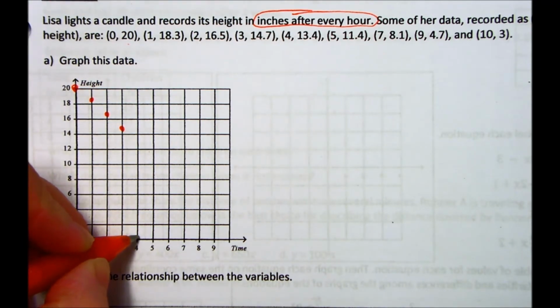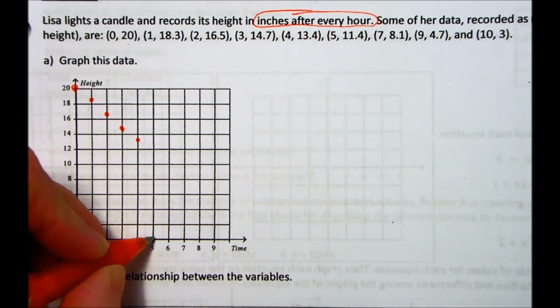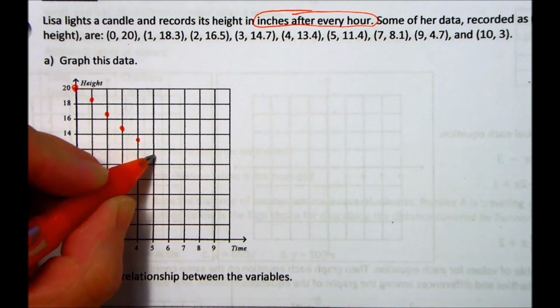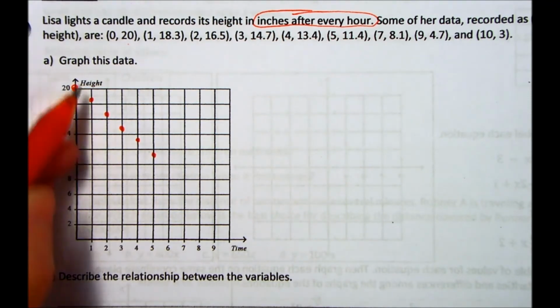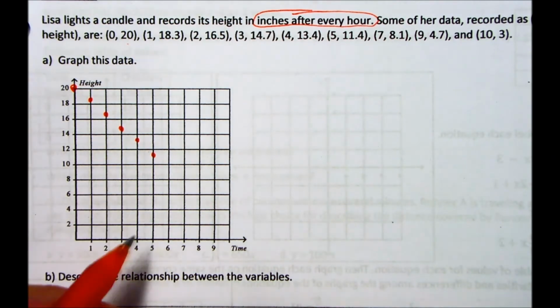After 4 hours, it's 13.4. After 5 hours, it's 11.4. Again, you're going to try to just be as exact as possible, and if you notice, these intervals are going by 2s where these are going by 1s. So you want to keep that in mind when you're graphing your points.